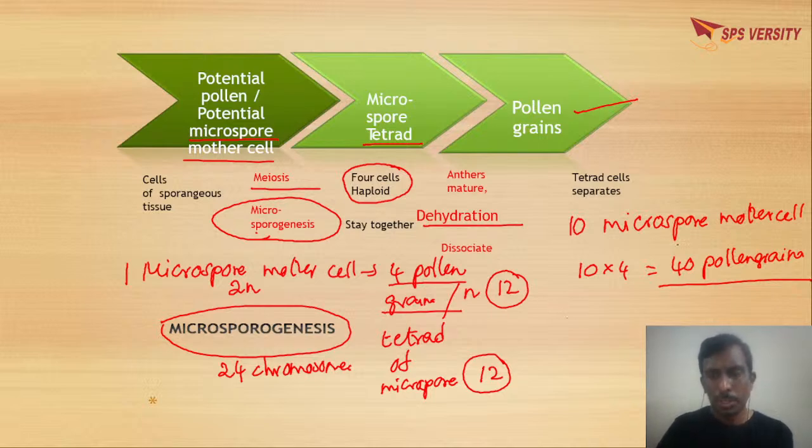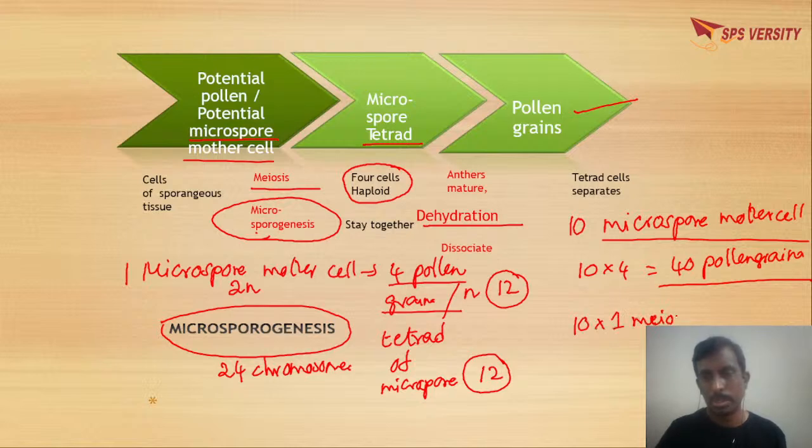For the formation of 40 pollen grains, how many meiotic divisions are required? Each microspore mother cell undergoes one meiosis. That is, 10 microspore mother cells, each one meiosis, so 10 meiotic divisions are required.